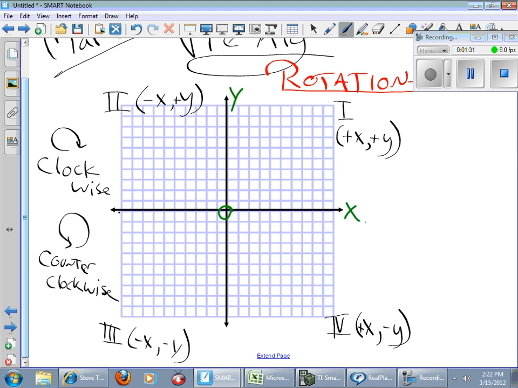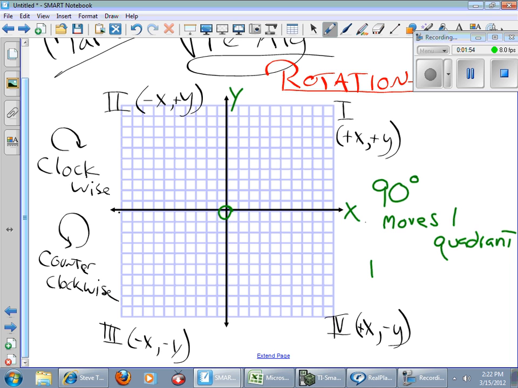If you know those two things and know which way you're going, and one more thing you need to know: 90 degrees moves one quadrant.